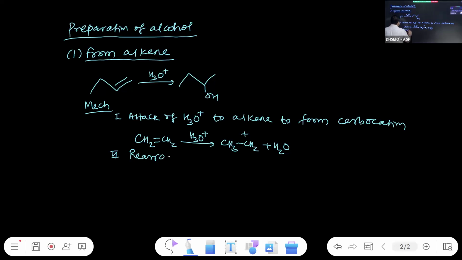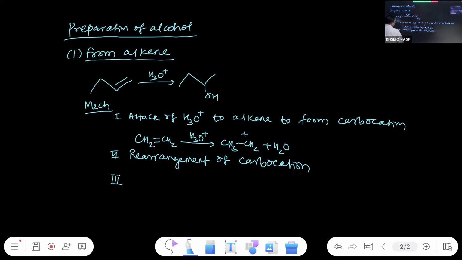The carbocation formed may undergo rearrangement to form a more stable carbocation. In this case, the carbocation cannot be rearranged because it is primary and will remain primary; there is no chance of rearrangement here. We will discuss another question where carbocation rearrangement happens.